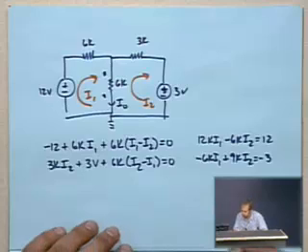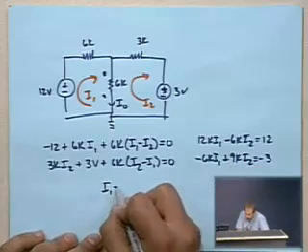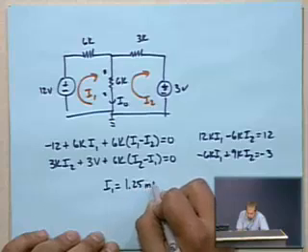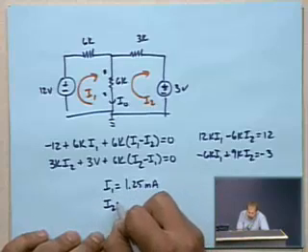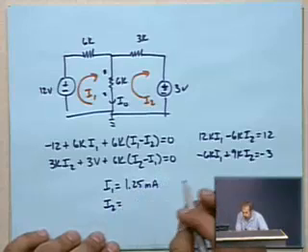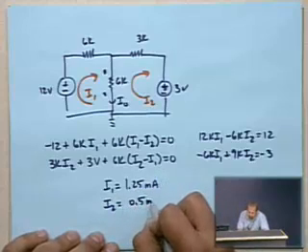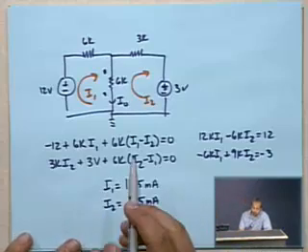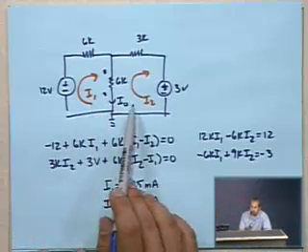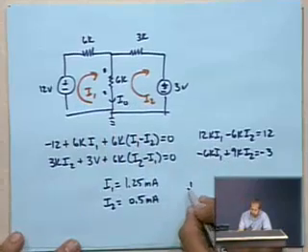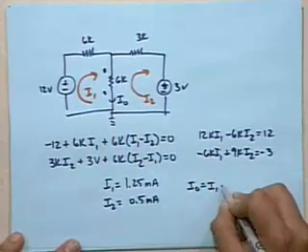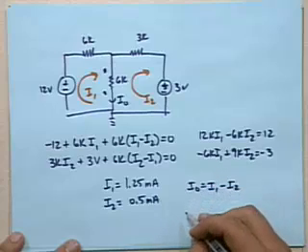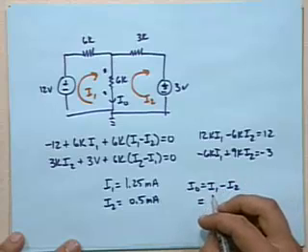And what you get is that I1 equals 1.25 milliamps, and I2 equals 0.5 milliamps. In terms of these loop currents, if we wanted to find I0, it's just I1 minus I2, so that's 3/4 of a milliamp.